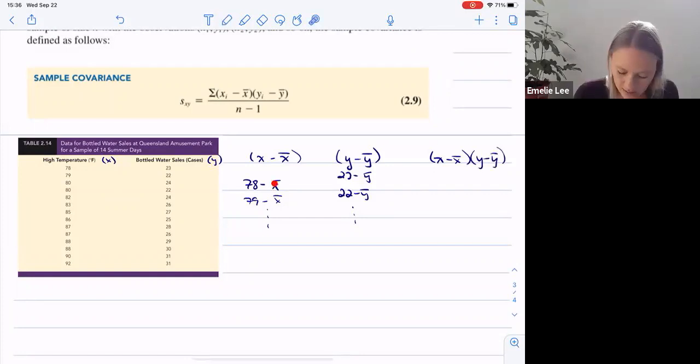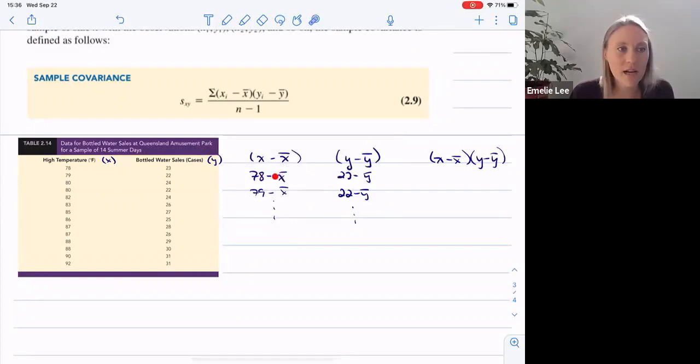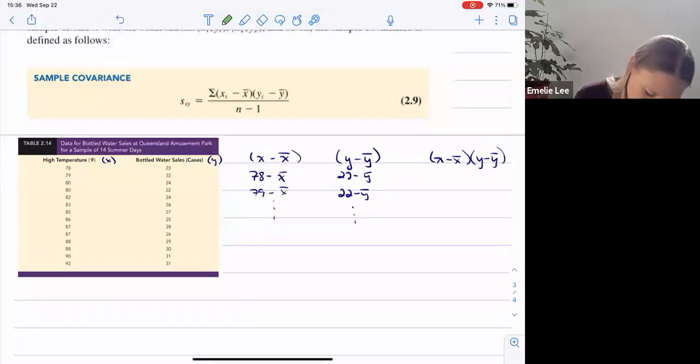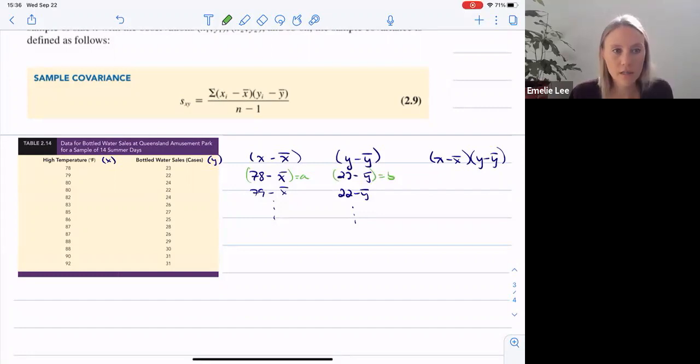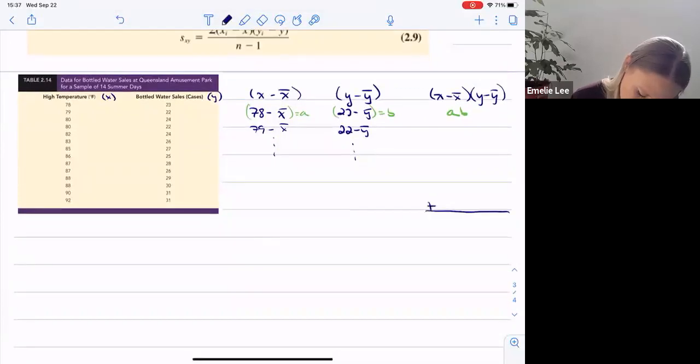So now I would take this value, let's call this A, and let's call this result B. Then I would have A times B. At the bottom here, I would add these up to make the sum of X minus X bar times Y minus Y bar.